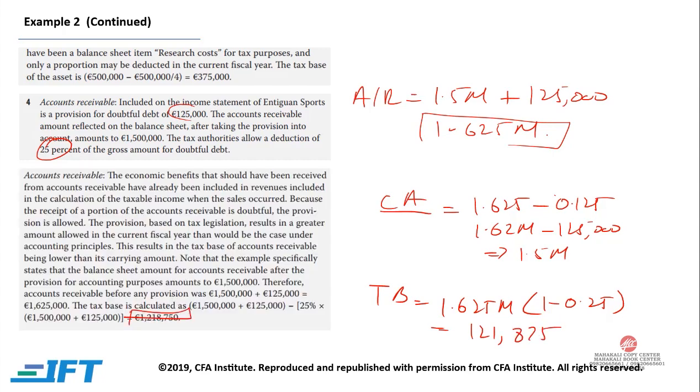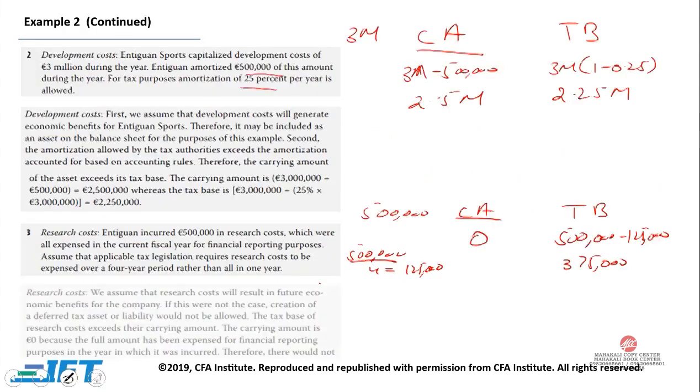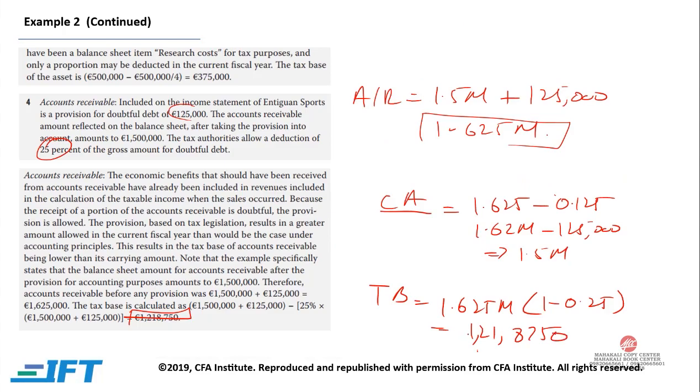So this is your tax base. If you go back to the table, your tax base is 1,218,750, and your temporary difference is 281,250. So we have the same number over here.